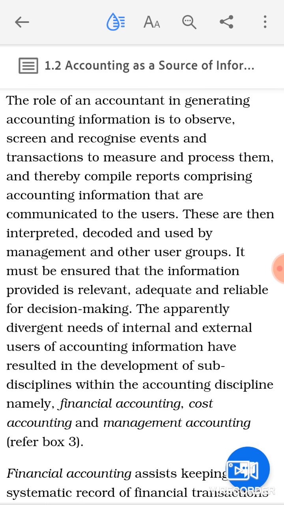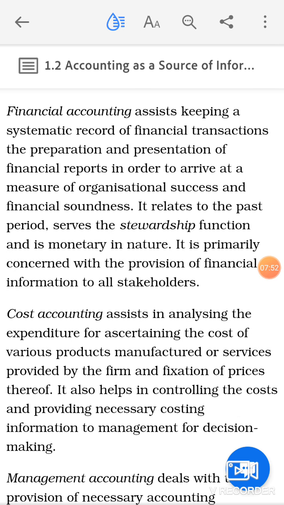First we will discuss financial accounting. Financial accounting assists in keeping a systematic record of financial transactions, and the preparation and presentation of financial reports in order to arrive at a measure of organizational success and financial soundness.